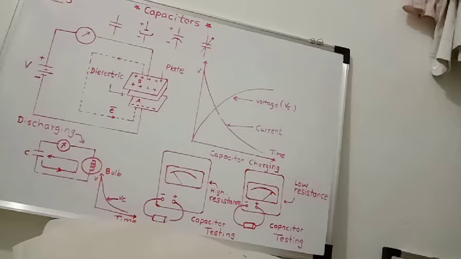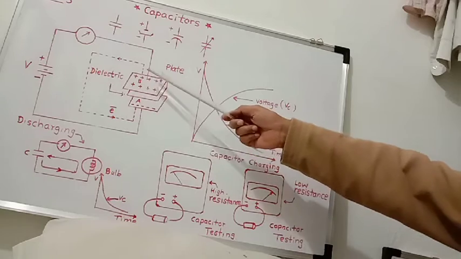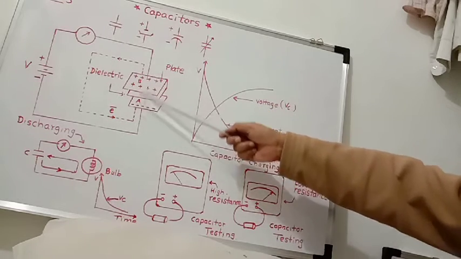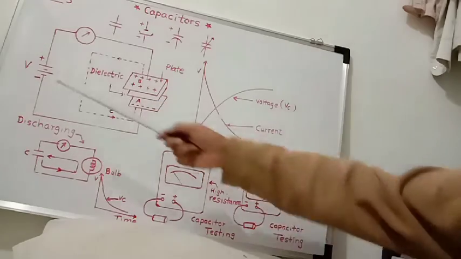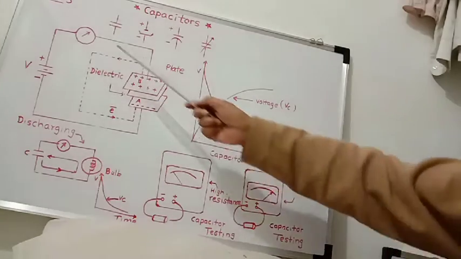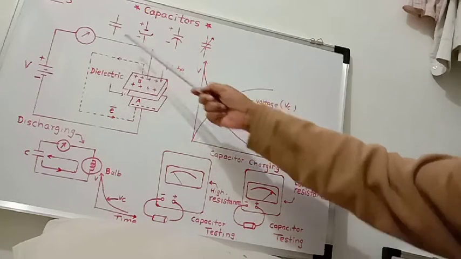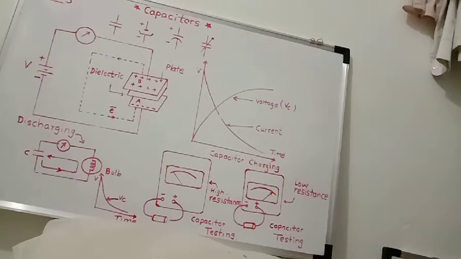Now let us see the charging and discharging action of a capacitor. Here one capacitor is connected across a DC source with a voltage V, or potential difference V, and one current meter is connected in series with this capacitor.